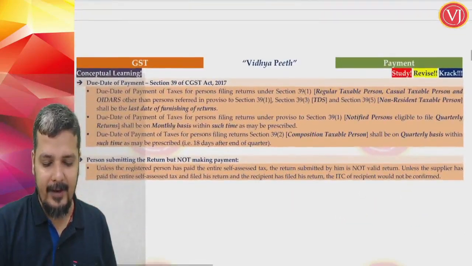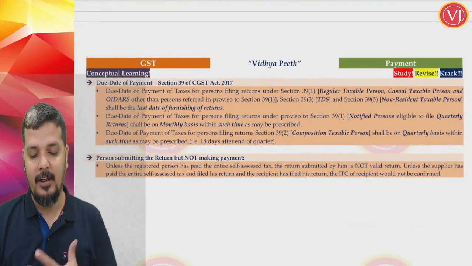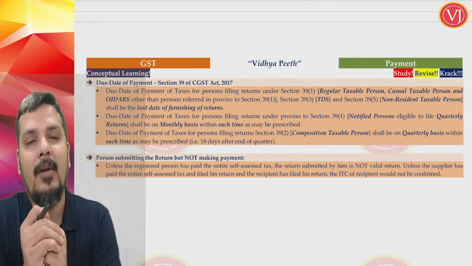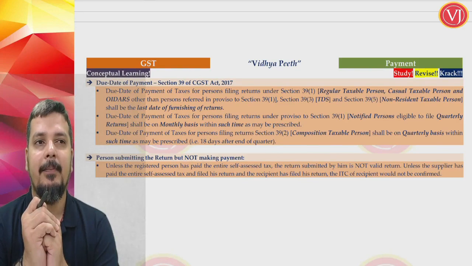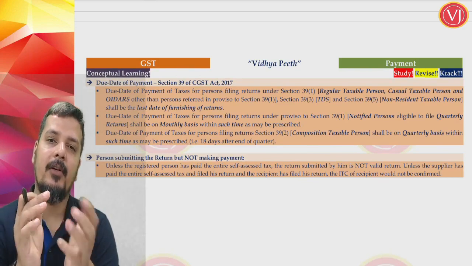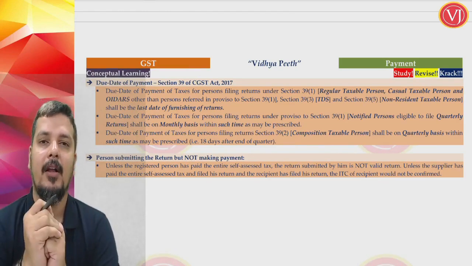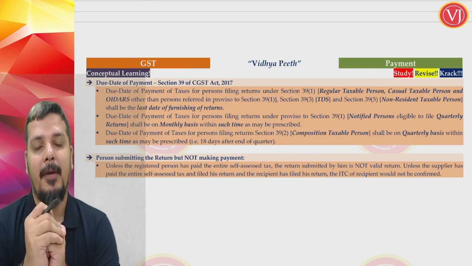Now understand that the next question which will come up is, what is the due date of payment? If you look at the provision specifically, due date of payment is normally linked to the due date of return filing. So whatever is the due date of return filing, that would be the due date of your payment.